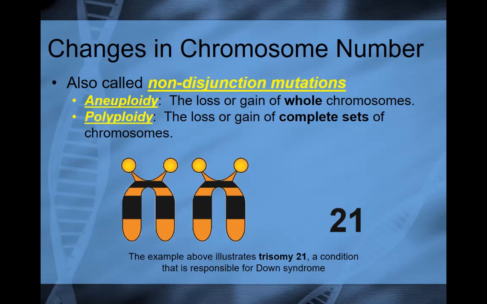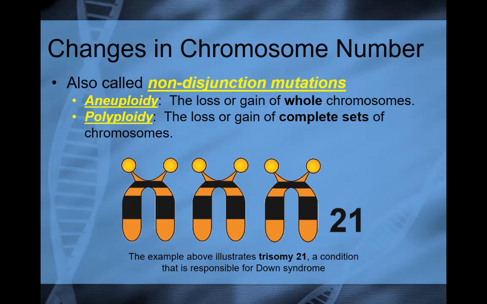And this can lead to one of two things, either aneuploidy, where it's the loss or gain of a whole chromosome, a good example of which you see below. Typically, most individuals have 2 copies, one from mom and one from dad, for chromosome 21. But from time to time, you'll end up with an individual who has 3 copies. This is known as trisomy 21 or Down syndrome.